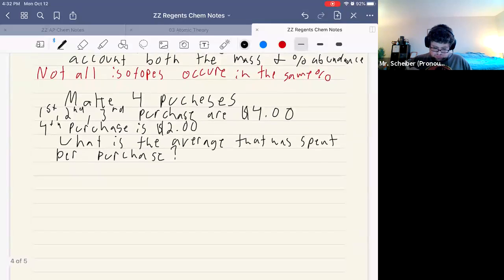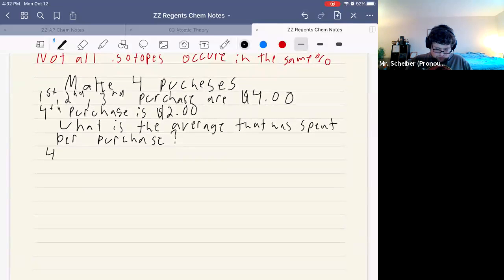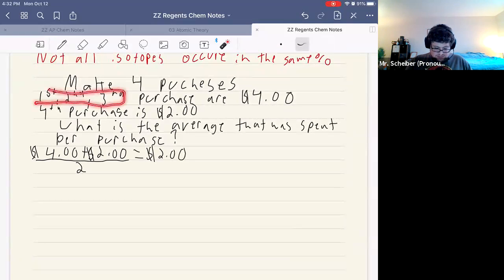You can't just do, well, you have $4 plus $2 divided by 2 equaling $3. That doesn't make any sense because we're not taking into account the fact that these 3 purchases were higher than this last one. So it's not an equal average. This isn't properly weighted. This is the unweighted average. So we know that that is going to be wrong.